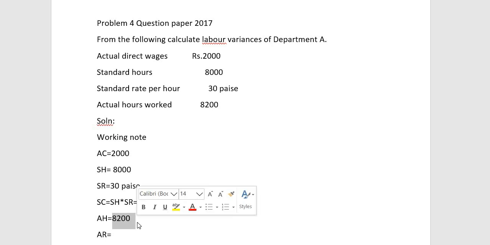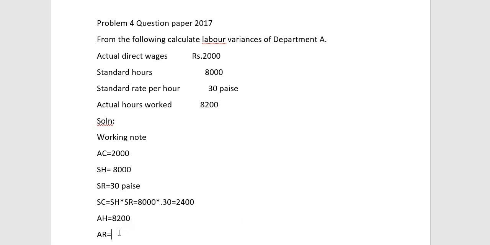So to know the actual rate, we divide actual cost by actual hours, that is 2000 divided by 8200, which is around 0.2439. This is your actual rate.